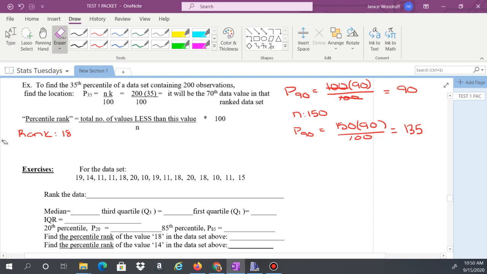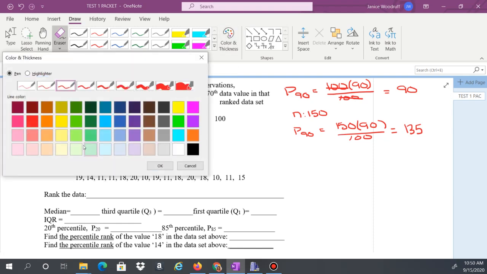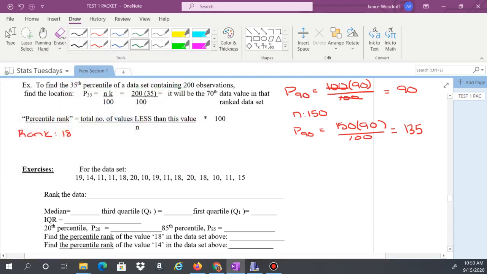All right, so in this data set, we want to find the rank of the number 18. We're going to first rank the data, so let's put it in order. Our smallest observation is 10, and I've got 2 of those. Then we got 11, 4 of those.